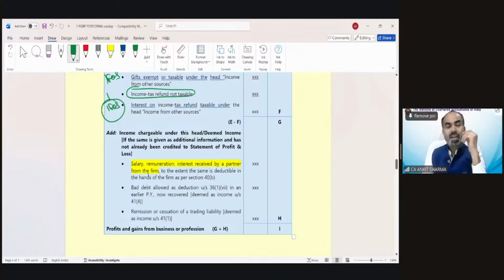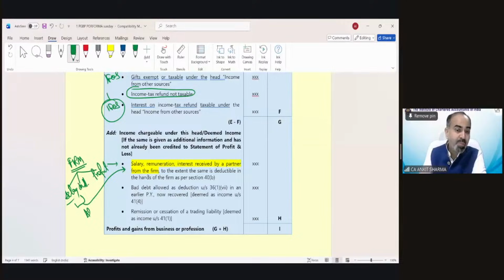So there are certain incomes which need to be shown under the PGBP head. Like if you receive from your partnership firm. From a partnership firm, as a partner, we generally receive salary, interest, and profit. Out of these three, salary and interest need to be included under my PGBP head.